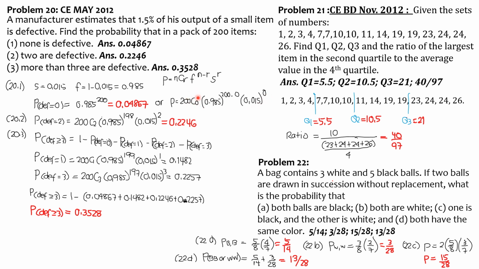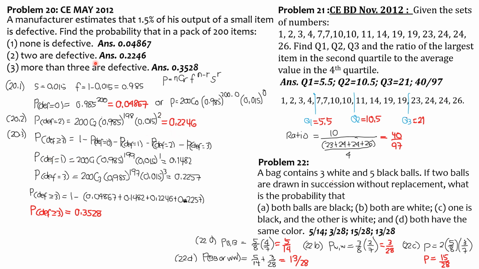This is also 1, so 0.985 to the 200 is the same. Then if there are exactly two defective items, substitute 200 combination 2, failure 0.985 raised to 200 minus 2, so 198. Then success 0.015 raised to 2, and that's 0.2246.